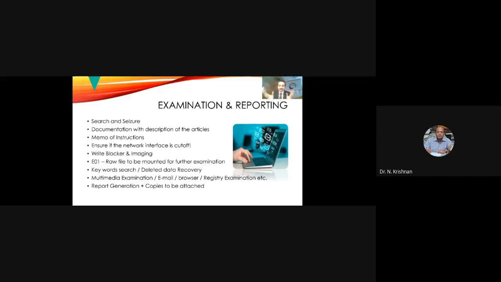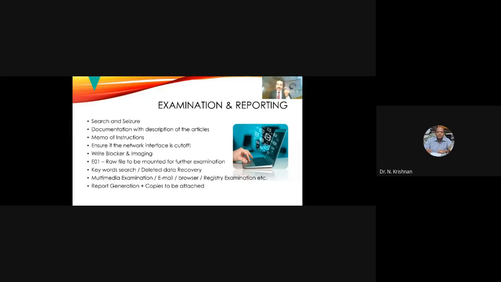But when we do imaging, the entire hard disk, allocated and unallocated, gets captured as an image. This image file can be used for whatever experiments and examination the examiner wants to do. This image file will be as good as the source disk. So this is a very, very important concept.